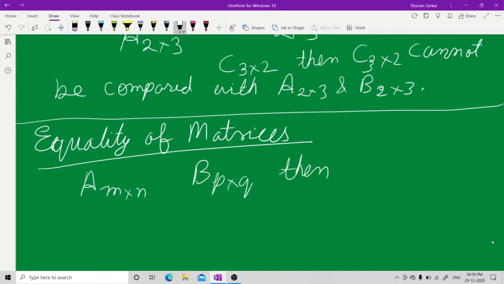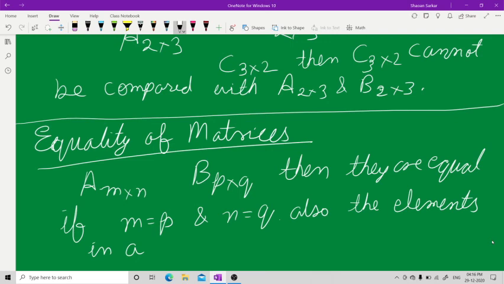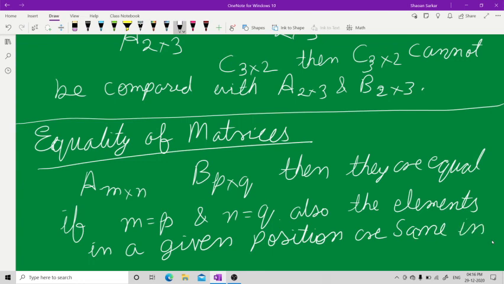Then they are equal if M equals P and N equals Q. And so also the elements in a given position are the same in both.